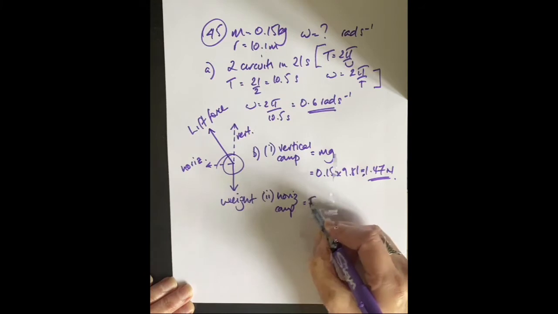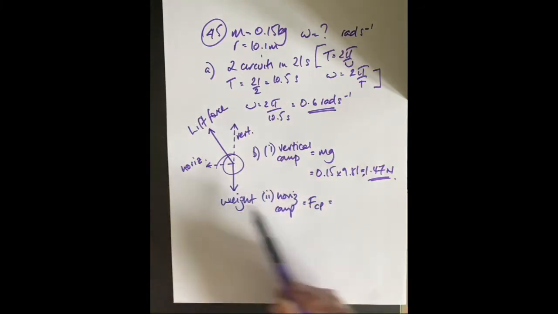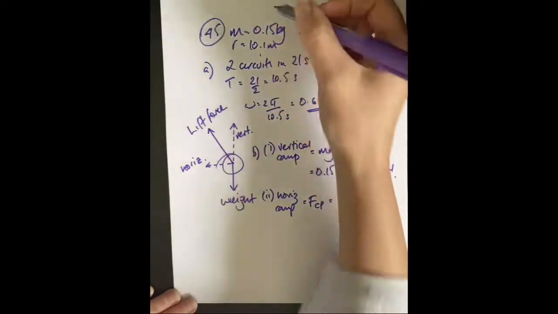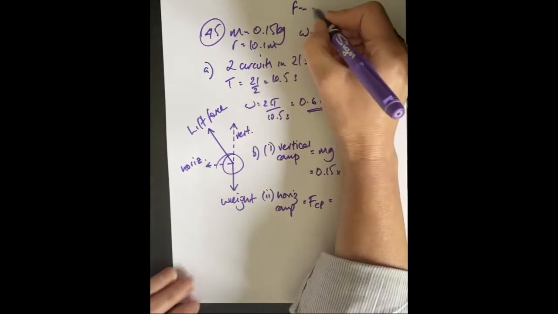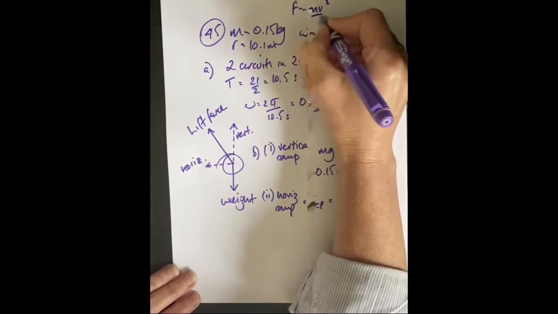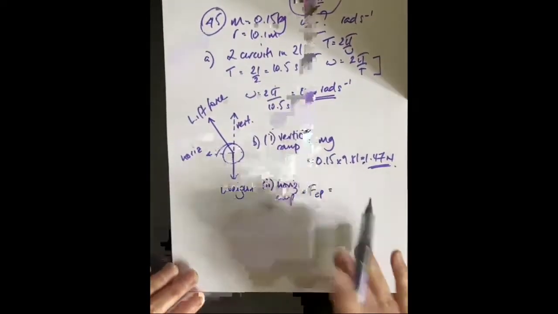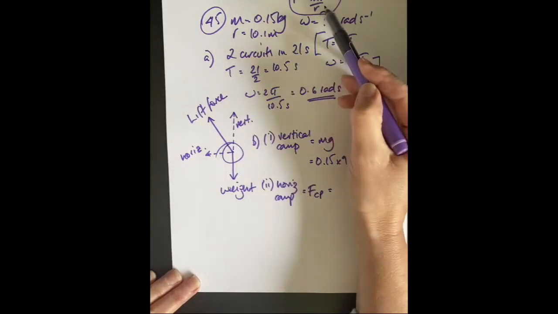And the horizontal component is equal to the centripetal force, which is, we can't work it out from here, but we have enough information up there. And remember that the centripetal force is mv squared over r. Remember that one? So actually, can't use that one, can we?